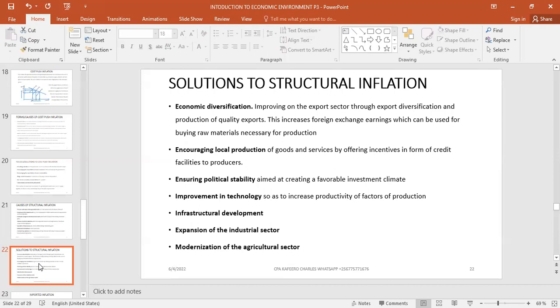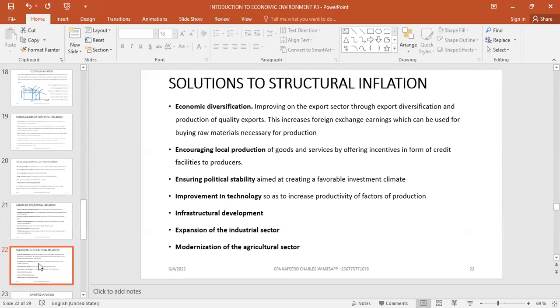The other one we can talk about is encouraging local production. When you encourage local production, it means you are increasing the production of goods. If, let's say, you provide some incentives, such as when someone starts up a company that is able to produce 10,000 units, we give it this and this amount.